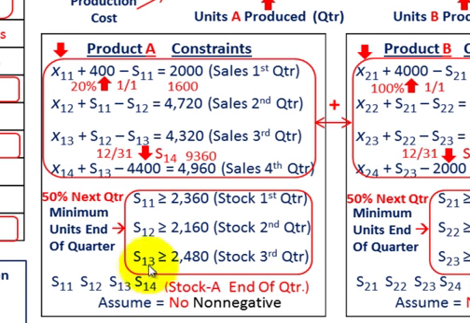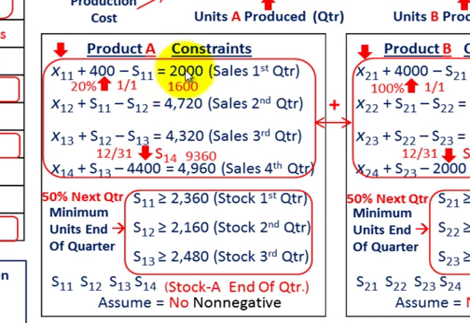Okay, so you've got this first quarter's requirements, and we talked about the beginning of the period stock, as of 1/1, we need 400 units, and then we subtract out whatever stock we're also going to be determining in our linear program. We have to determine the stocking requirements at the end of each quarter. So you subtract S11 at the end of the first quarter, and that's going to equal 2,000.